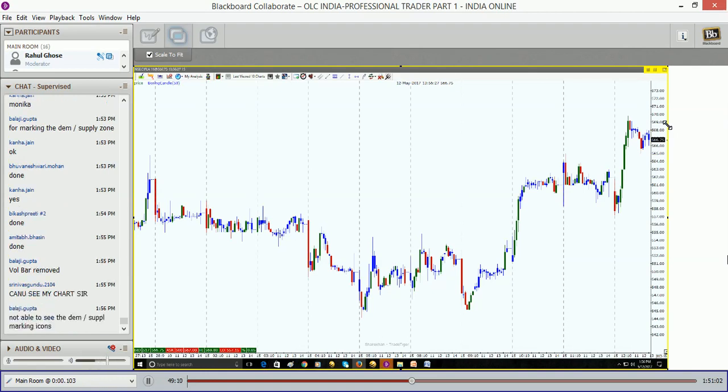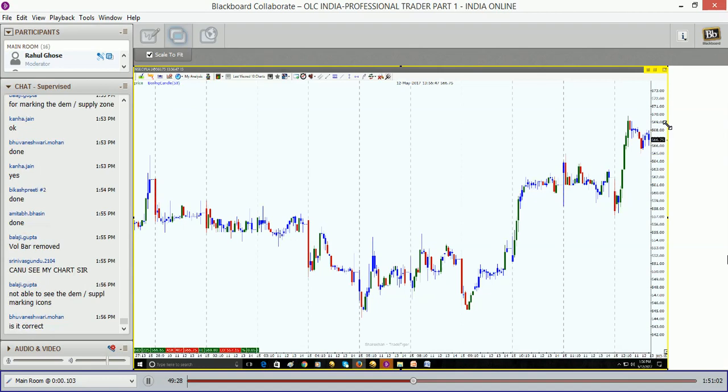Bikash, let's have a look at yours. Just remove the volume bar because we don't need that volume at the bottom.